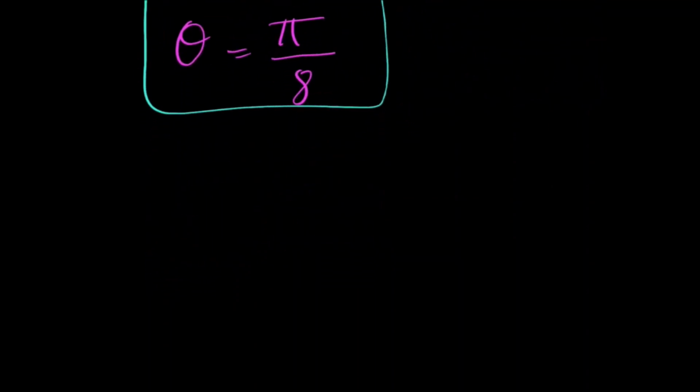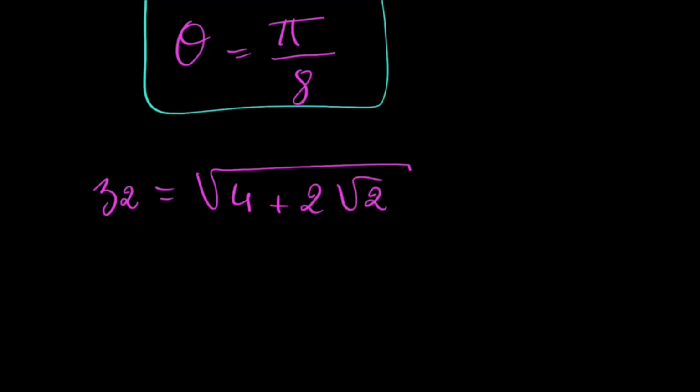In exponential form, we have then z2 equals the square root of 4 plus 2 root 2, exponential i, and here we have the argument of z2, pi divided by 8.